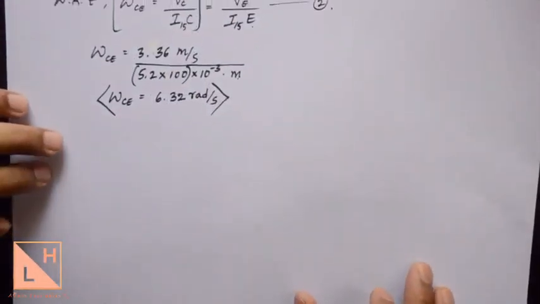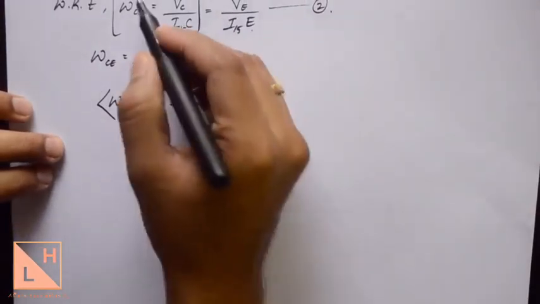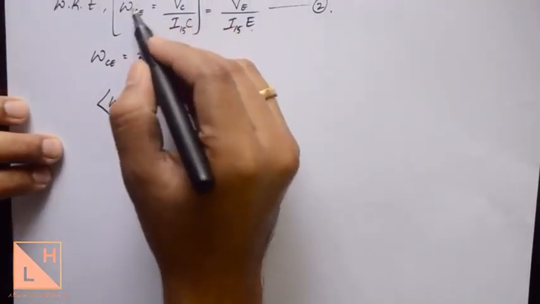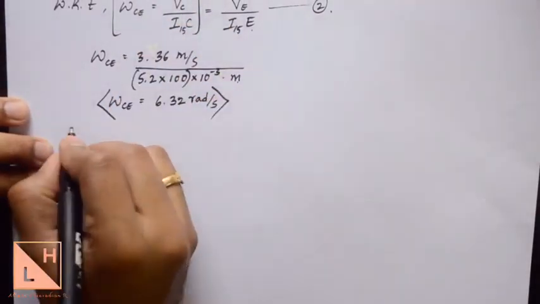After finding out the value of omega CE, we can calculate the value of VE as well by taking these two from equation number 2.